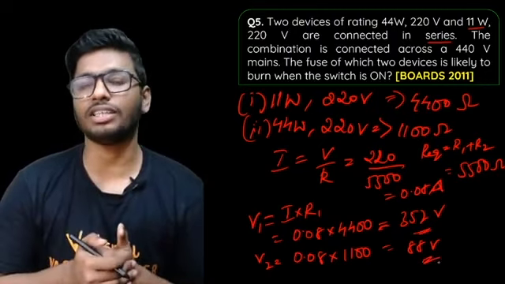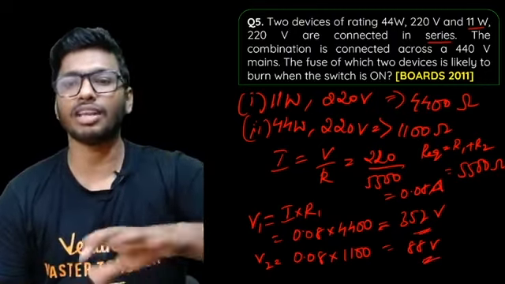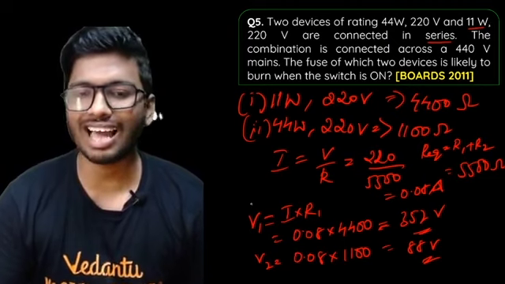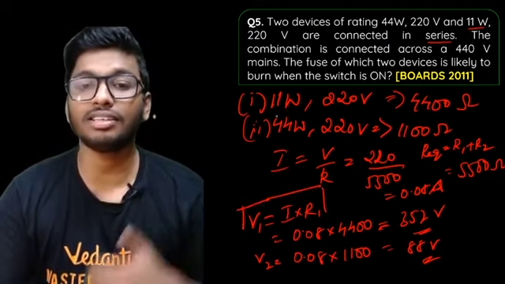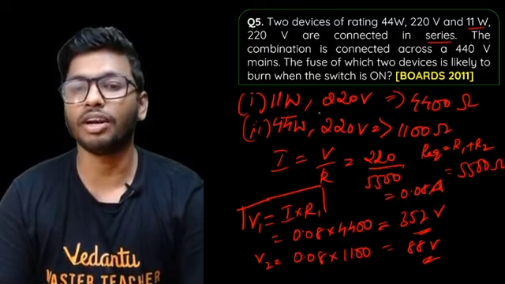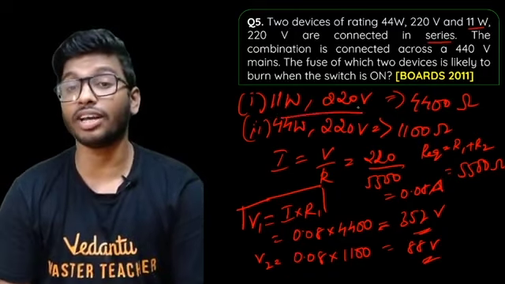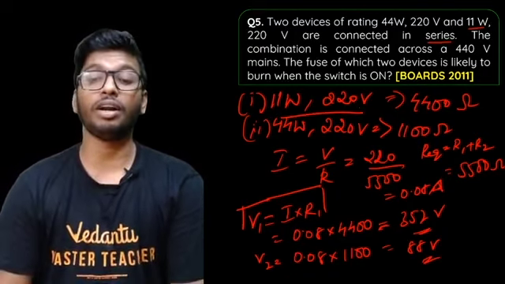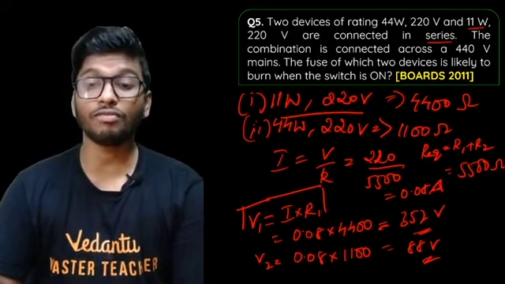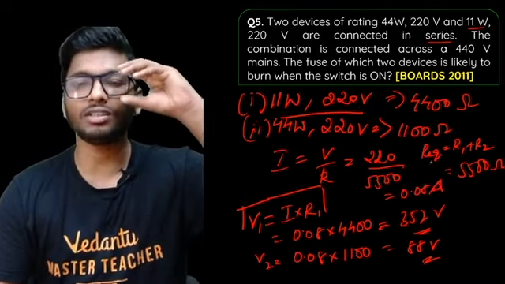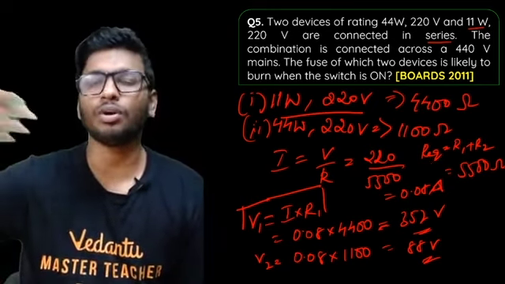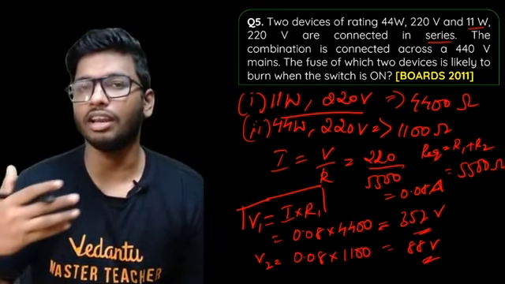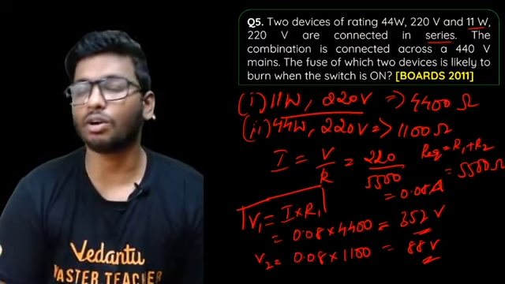So the answer to this question, guys, the question is which of these is most likely to fuse, and the answer is option number A, the 11 watt and 220 volt would be the one to fuse, because if the voltage exceeds 220, then there's a high chance that you might cause a short circuit.